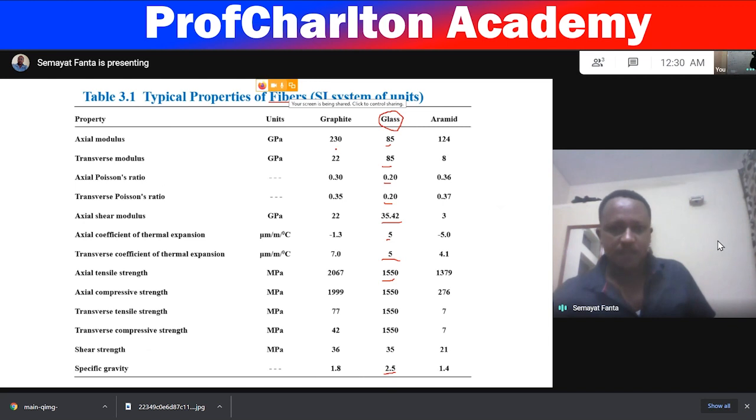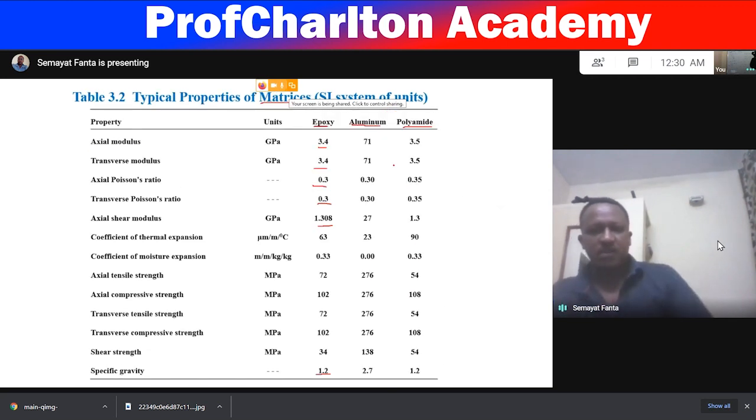The fiber axial modulus, meaning the longitudinal modulus, is 85. Transverse modulus is also 85, because we consider the fiber as uniform. And when we come to epoxy, the axial modulus of epoxy is 3.4, and the transverse modulus is the same.